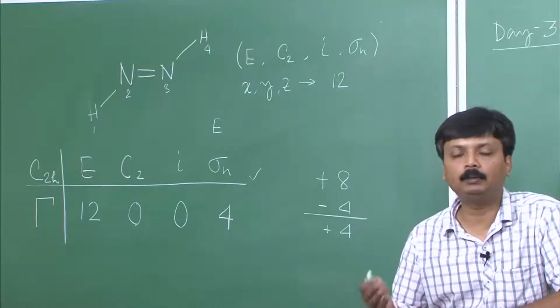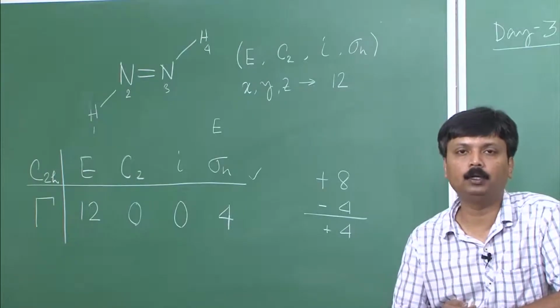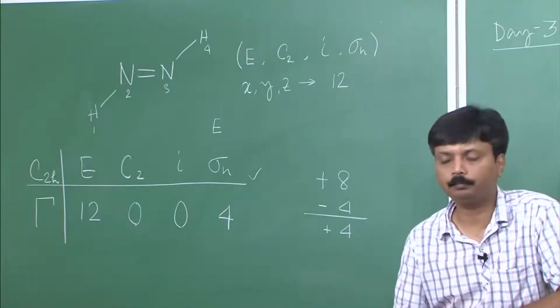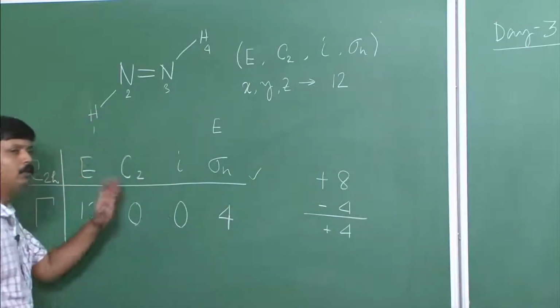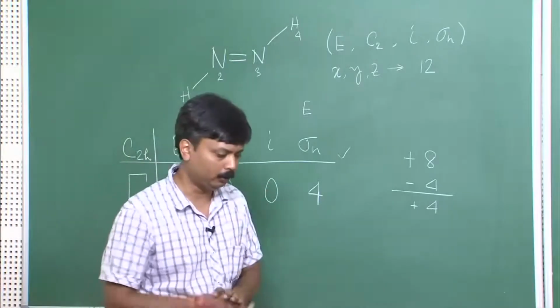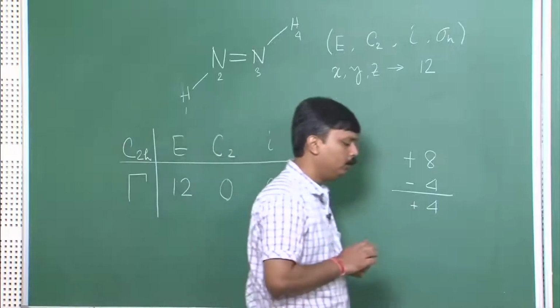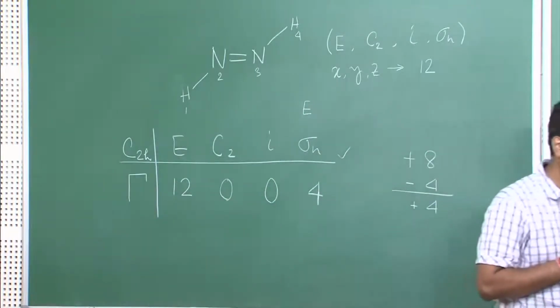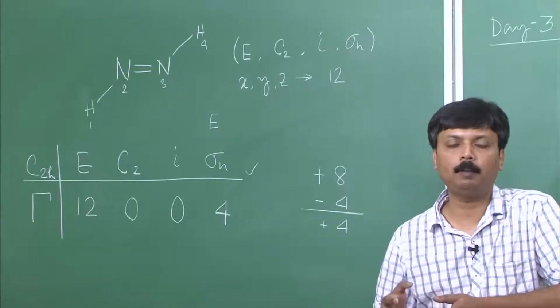So, how many times Ag will occur, how many times Bg will occur, how many times Au or Bu will occur, that you can find out, and from there you can go on and solve the problem that you are trying to solve.